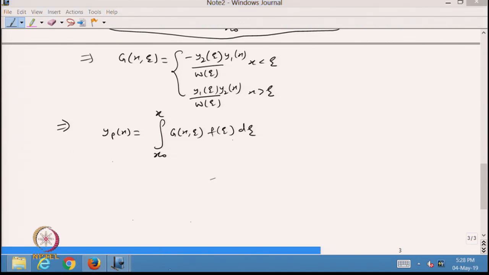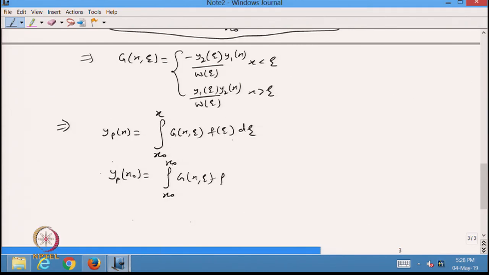Now what if I apply y_p at x naught? The integral from x naught to x naught is 0, so this value is 0. Also, y_p dash: I am taking the derivative with respect to x.